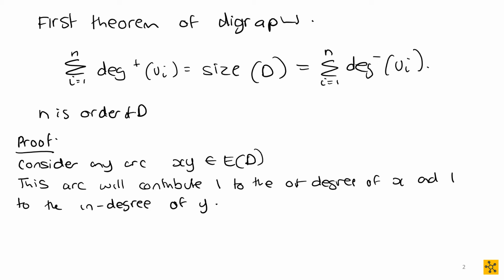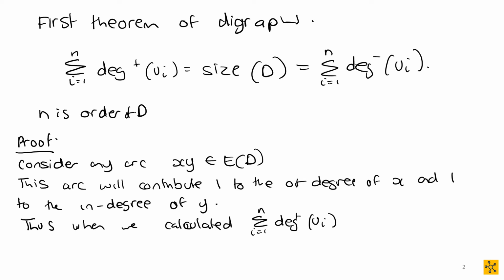Okay, so when we calculate our adding up of our degrees going in and our adding up of our degrees going out, when we calculated the sum from i equals 1 to n of the degree plus of vi, all arcs are also counted in the sum from i equals 1 to n of the degree minus of vi.